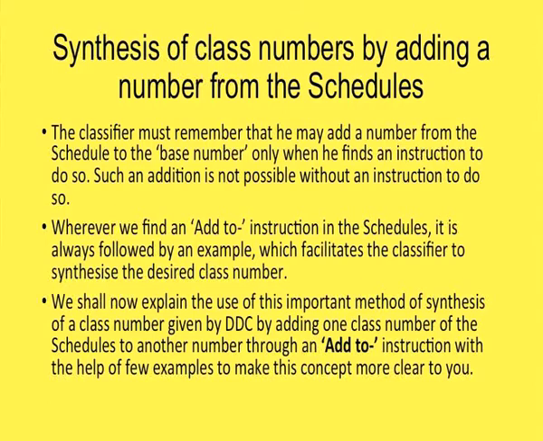Now, we shall explain the use of this important method of synthesis of class numbers given by DDC, by adding one class number of the schedule to another through add to instruction. We will give some examples which will make this concept more clear to you.